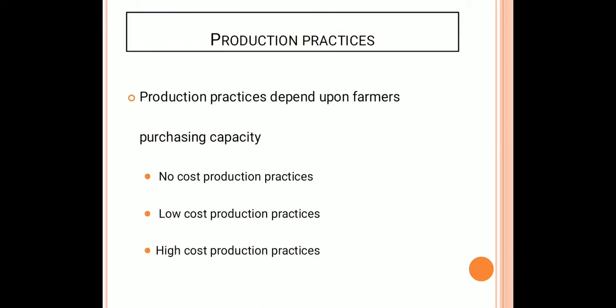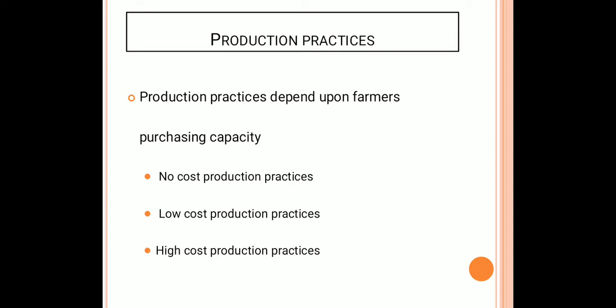Okay, the next one, the production practices. The practices depend upon the farmers. Based upon the purchasing capacity, they are classified into no cost production practices, low cost production practices and high cost production practices. Each and every farmer is producing crops or grains. No cost production means that without spending much money they get a good yield.